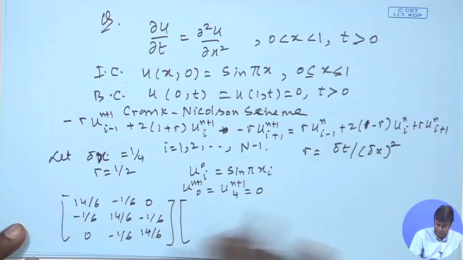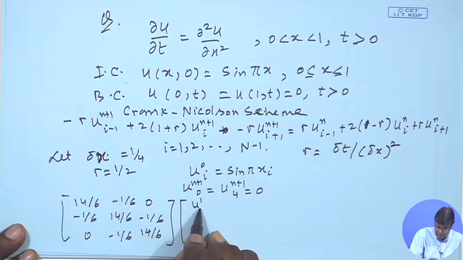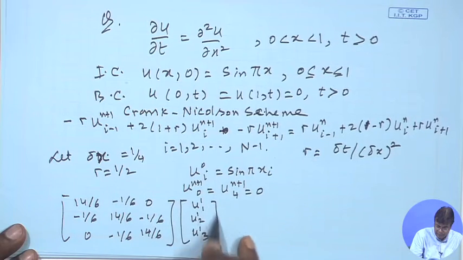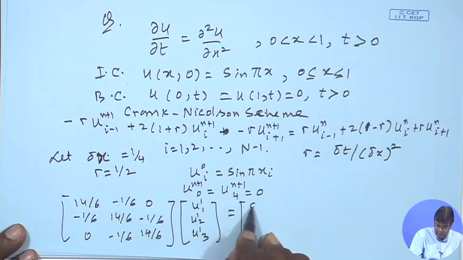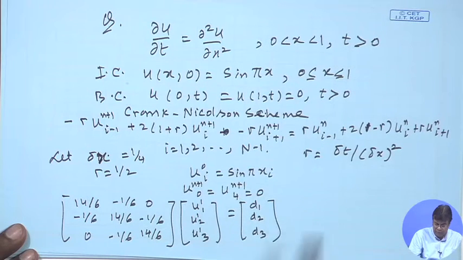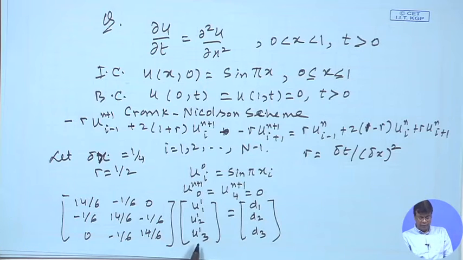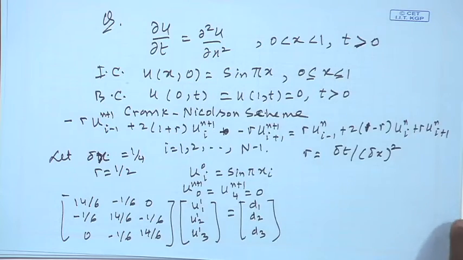This is the first step, u1 1, u1 2, u1 3, and something like d1, d2, d3. Once we solve this, we get u1, u2, u3 at time level 1. With that time level and the boundary condition, we go to the next time level and repeat the process till the desired time step we require.